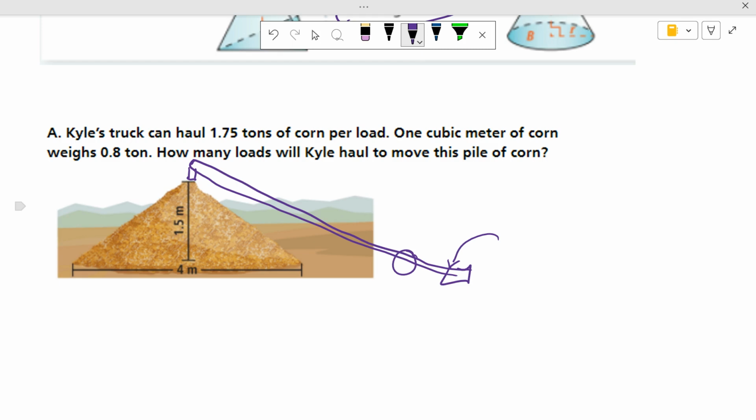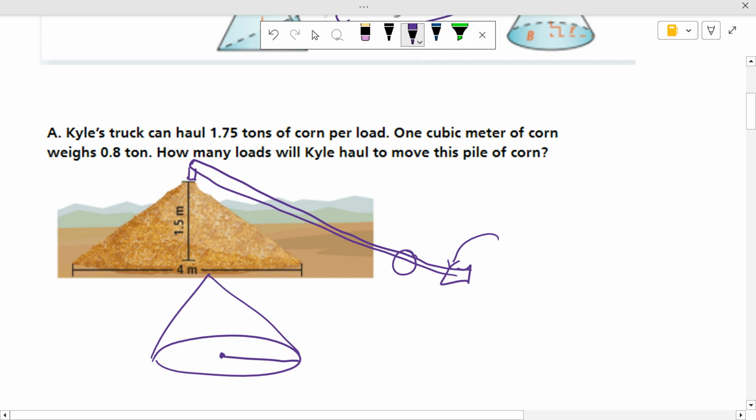All right. So it makes a cone. Now, a cone has a radius. What would the radius of this cone be? 2 meters. It has a height of 1.5 meters. You just stick it in the formula. Volume equals 1/3 the area of the base, which is pi r squared, times the height.